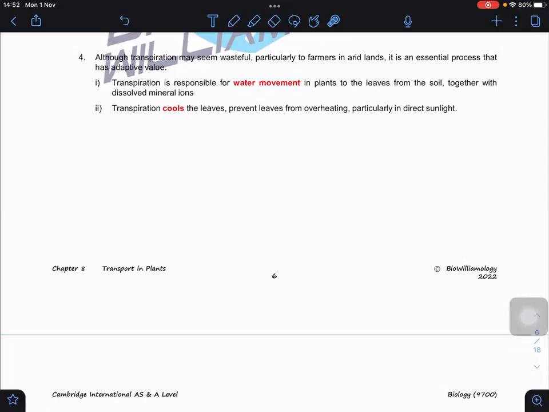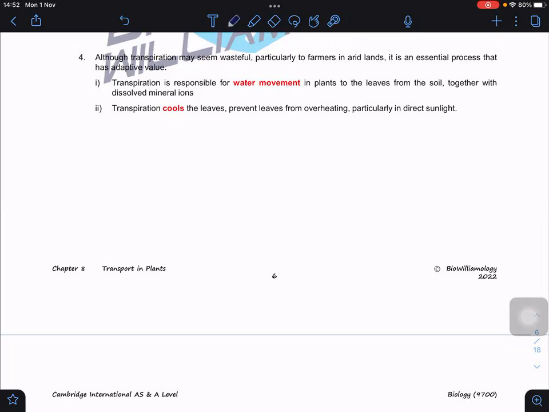And the plant also needs to cool down the leaf, particularly under direct sunlight. In order to have the cooling effect, we need to carry away the heat energy. This heat energy will be absorbed by the water to evaporate.